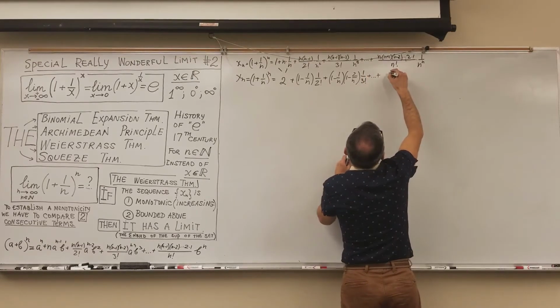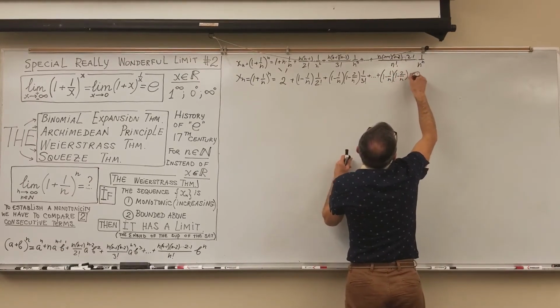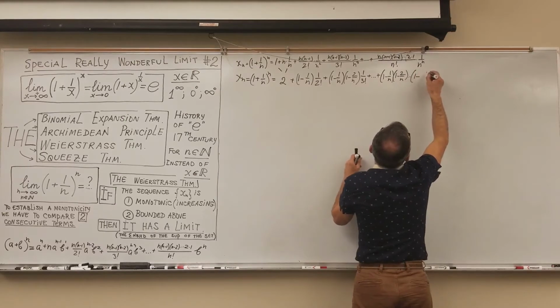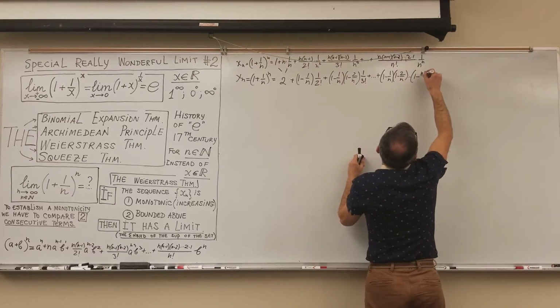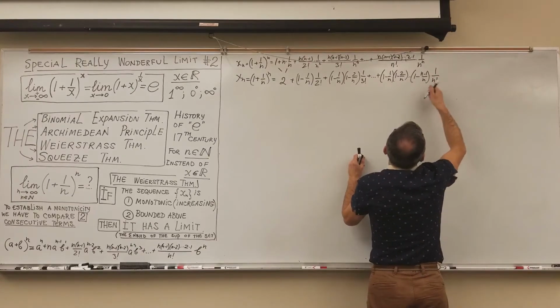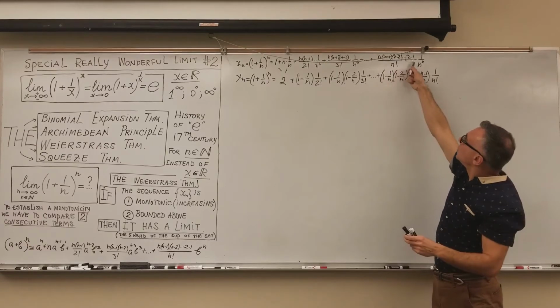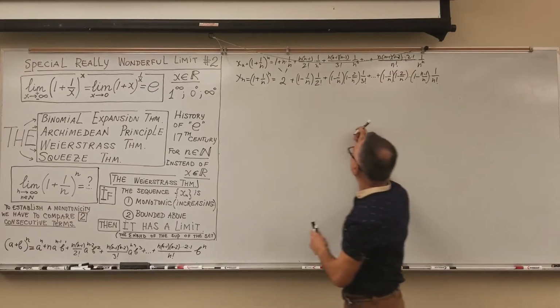And the last term will be 1 minus 1 over n, 1 minus 2 over n, and so on, up to 1 minus (n minus 1) over n, times 1 over n factorial. So there are n minus 1 terms here, since one n reduces, from n minus 1 up to 1, which is n minus 1 terms. Yeah?